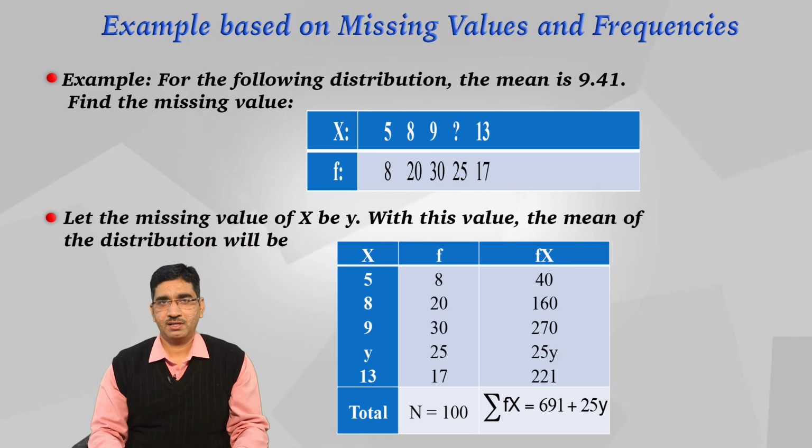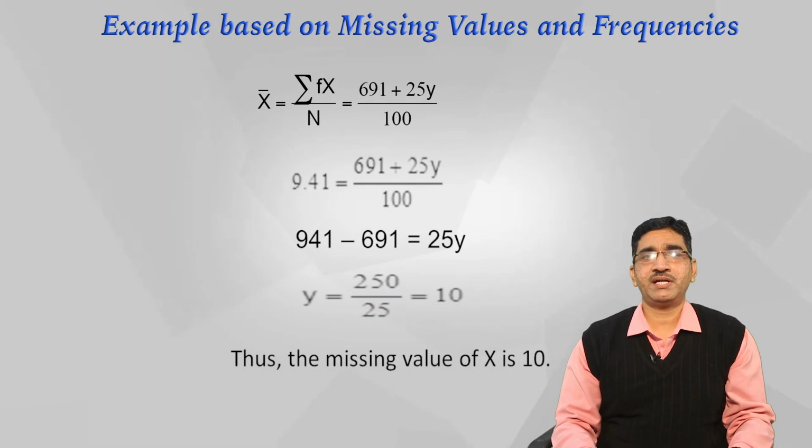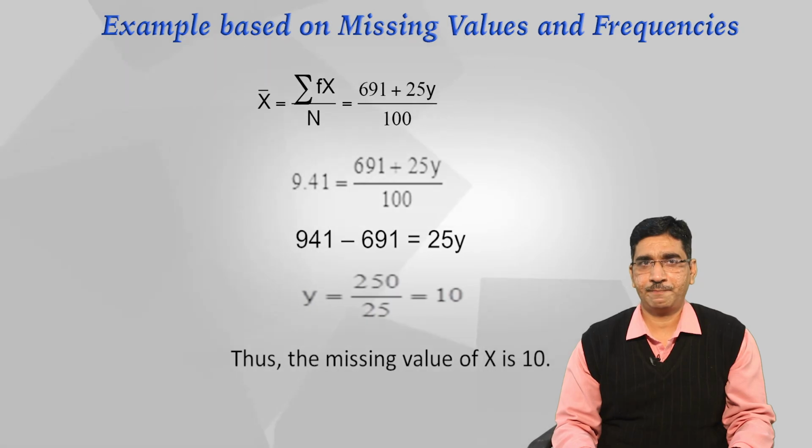Now, by the formula, summation fx divided by capital N, the sum of all the frequencies, in the numerator we put 691 plus 25y divided by 100, and x bar is given, that is 9.41. After some algebraic manipulation we obtain the missing value y, that is 10.